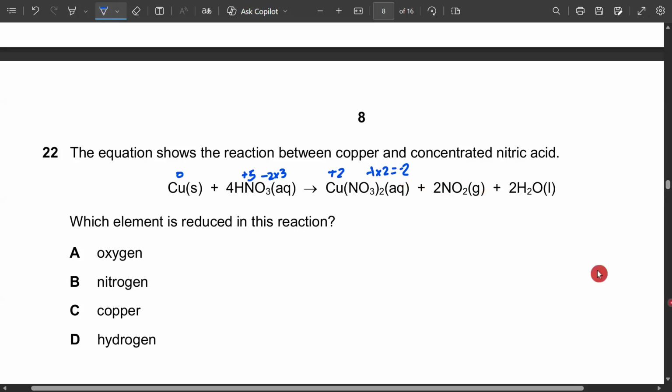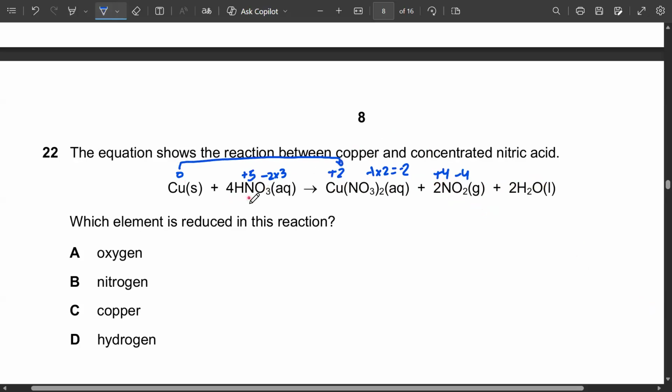And then on this side, oxygen has -4 for 2 atoms, which means to balance it, nitrogen would have +4. So that's sufficient for you to identify, because you do not need to check the oxidation state of oxygen and hydrogen. They are all the same. So we can see copper changes from 0 to +2. That shows the oxidation.